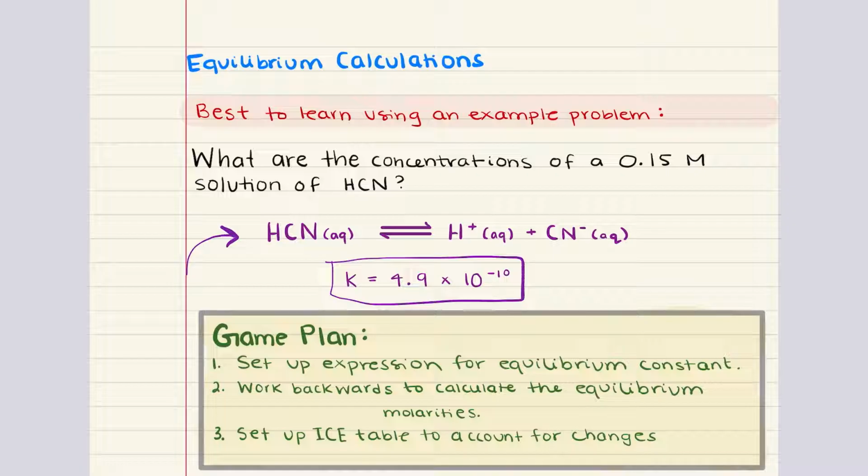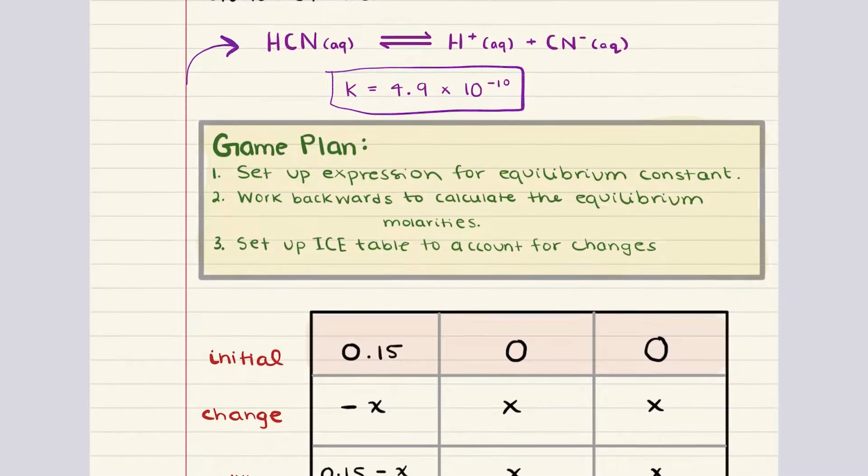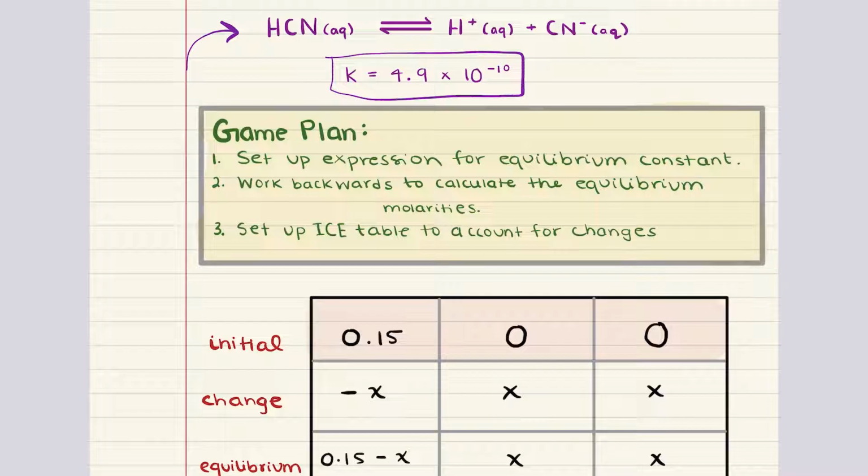So what's our game plan? Well, with this information, we want to initially write up our expression for the equilibrium constant. We aren't trying to calculate K here. We're given that value. Instead, we want to set this expression up and work backwards from there to accomplish our actual goal, which is figuring out the equilibrium concentrations of these species in this reaction.